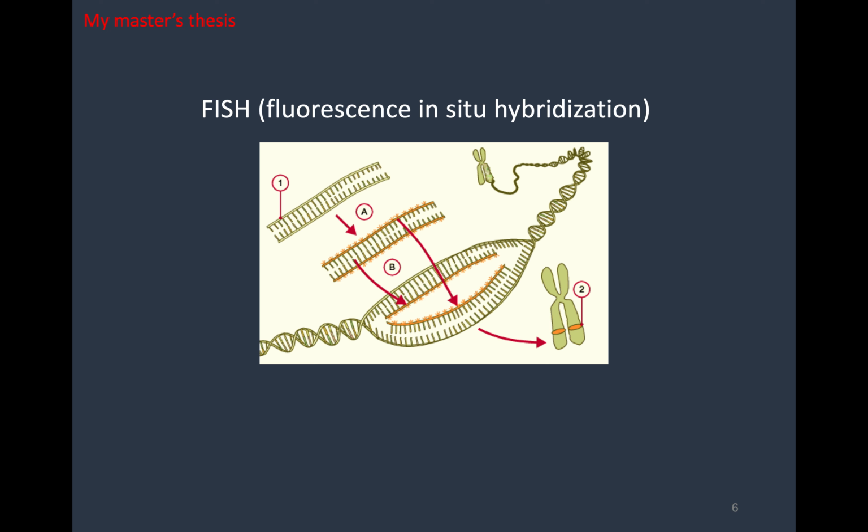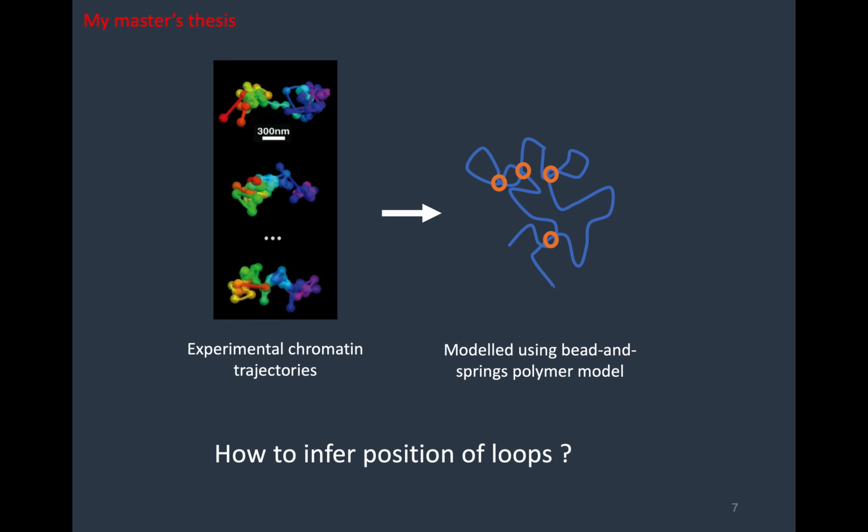And I could do that because I had access to a huge database of chromatin trajectories in 3D, which is very impressive. It's made using a molecular biology technique using fluorescence in situ hybridization. And so we get things that look like the image on the left, which are really small sequences of experimental chromatin trajectories.